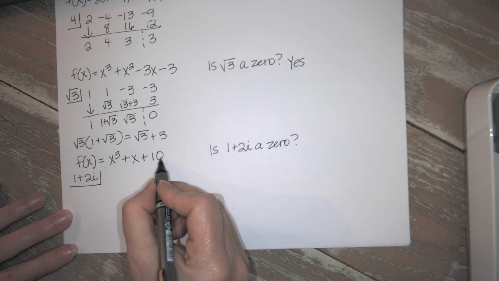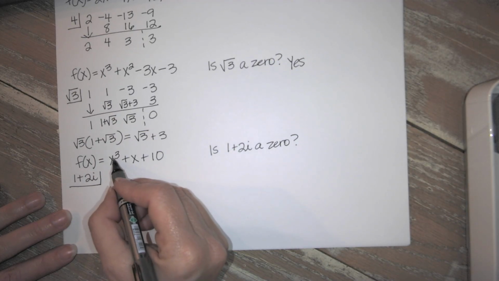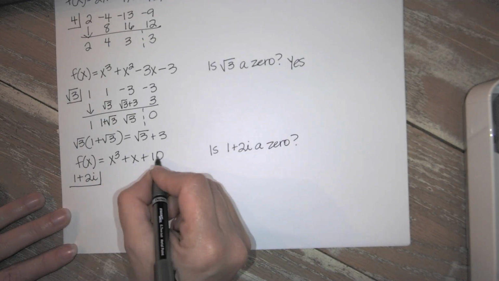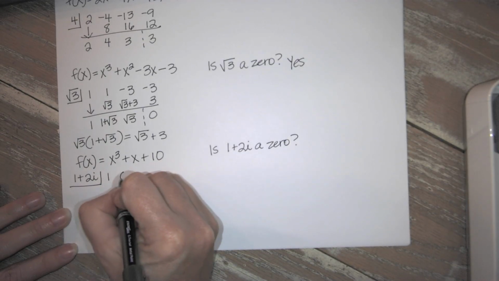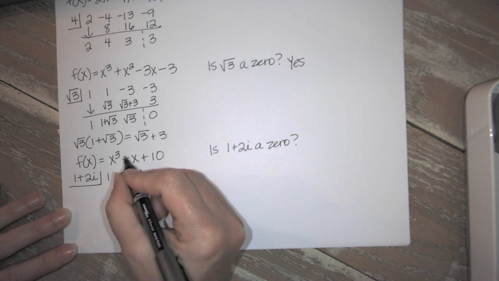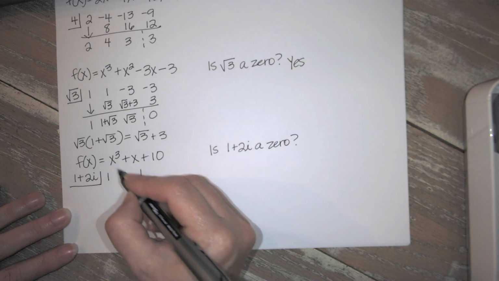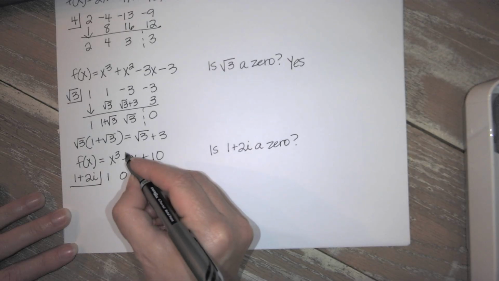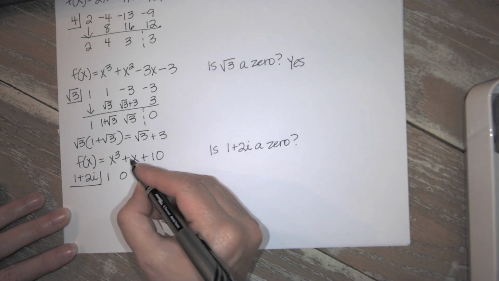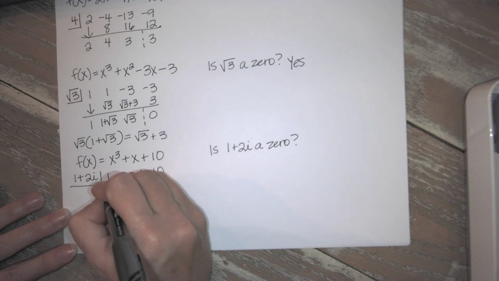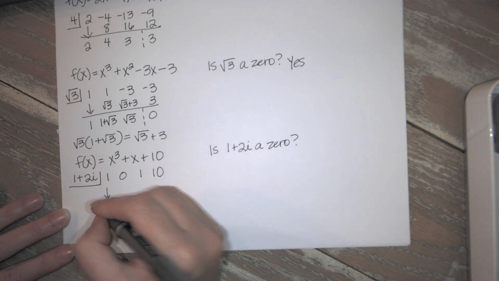Now, notice in my polynomial that I skipped my x squared term, so I can't leave that out. I've got to put a 0 in for the coefficient of my x squared term. So the 1 is for the x cubed, 0 is for the missing x squared, 1 for the x, and then 10. All right, I'm going to bring my 1 straight down.